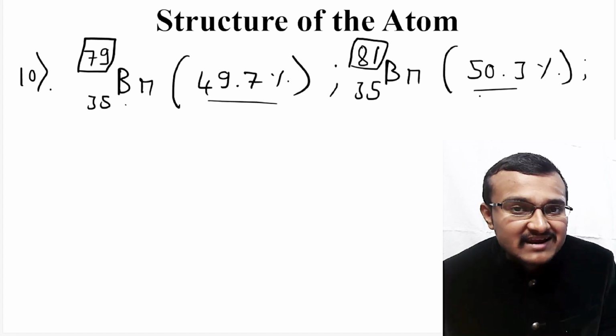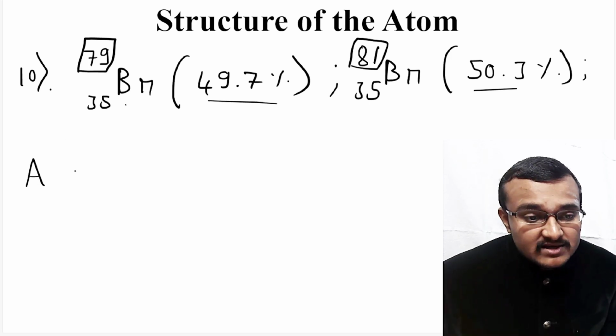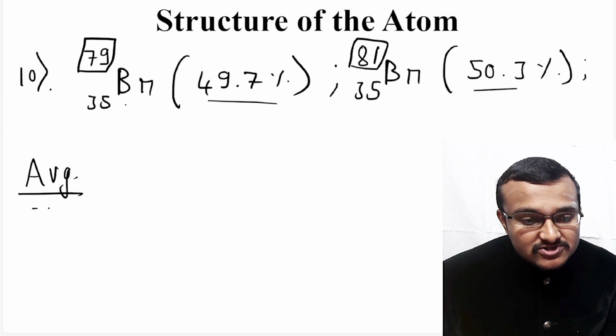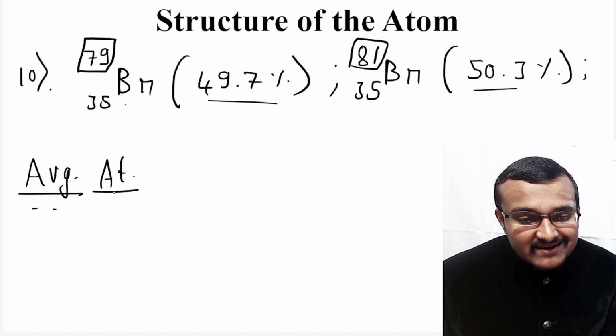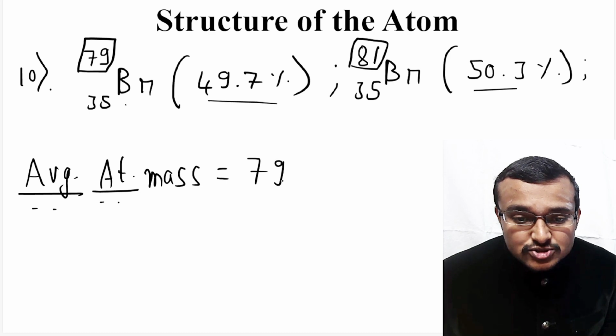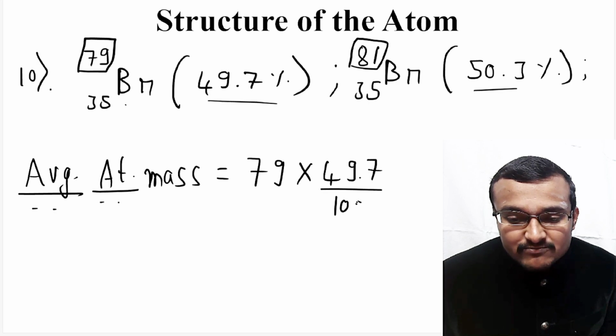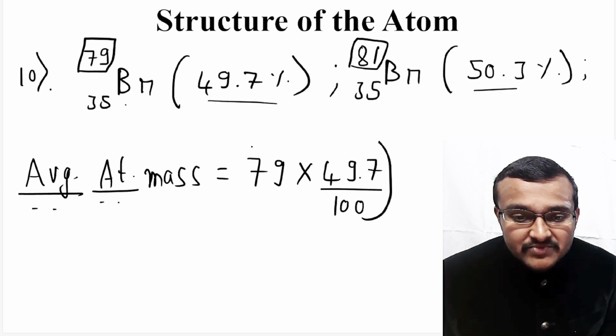So you have to calculate the average atomic mass by using one particular formula. So we are calculating the average atomic mass of bromine. Here one isotope of bromine is 79, so you should multiply that with 49.7 percentage, which will be 49.7 by 100.